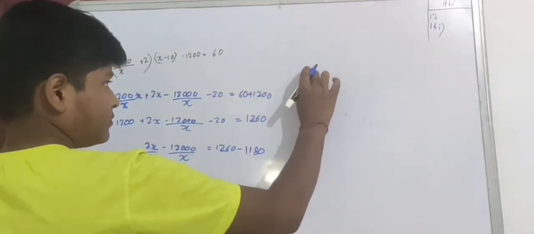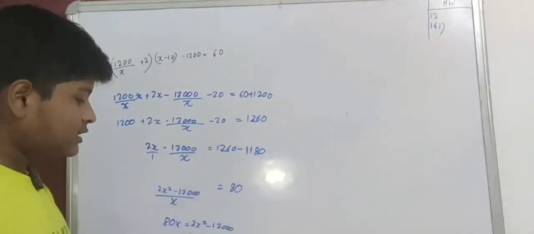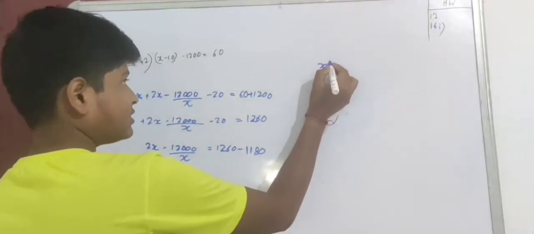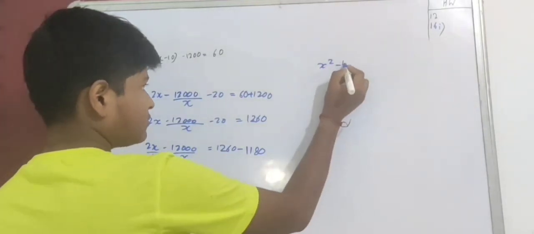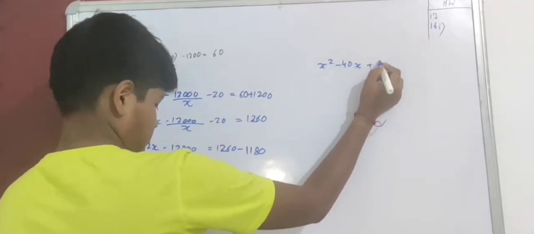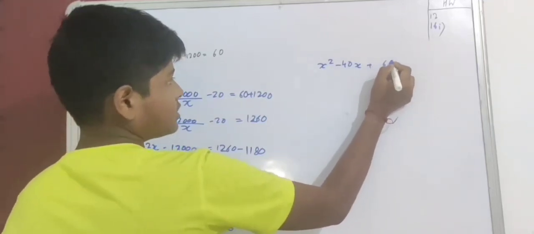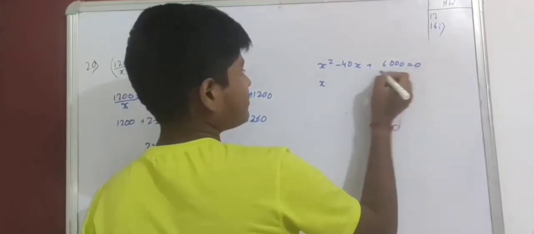Now writing that side, first writing the 2x square part by dividing with 2. We have x square minus 40x plus 6000 equal to 0, divided by 2.